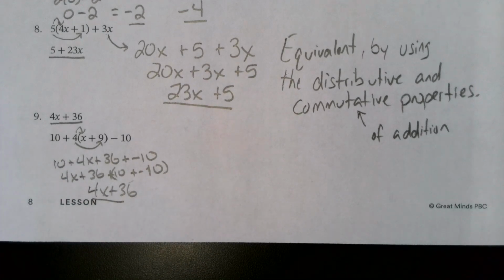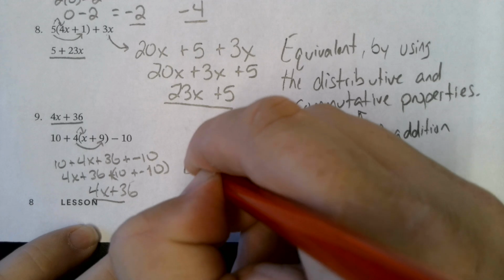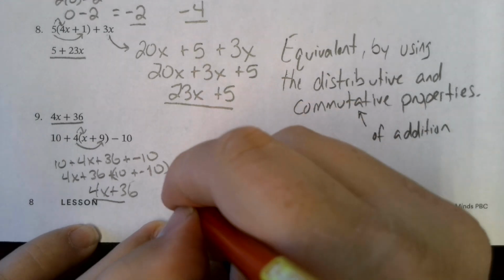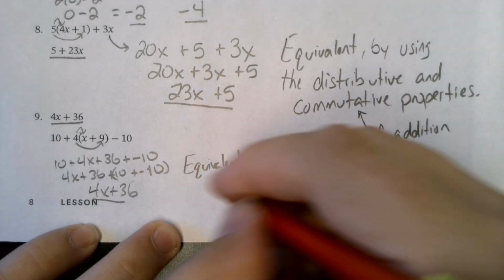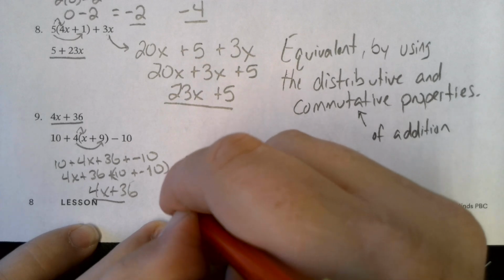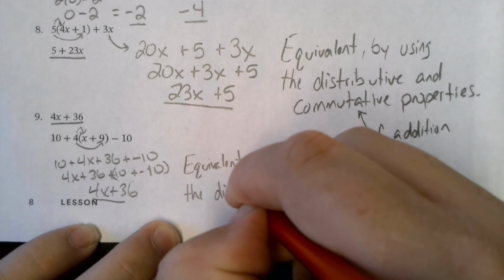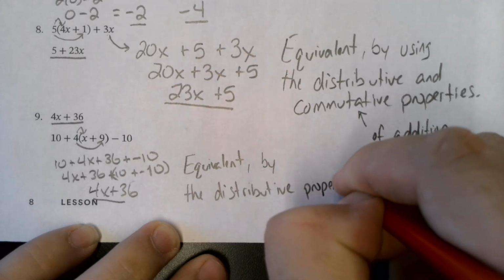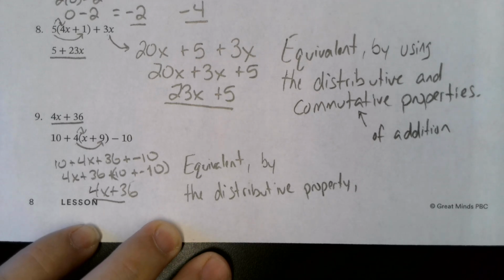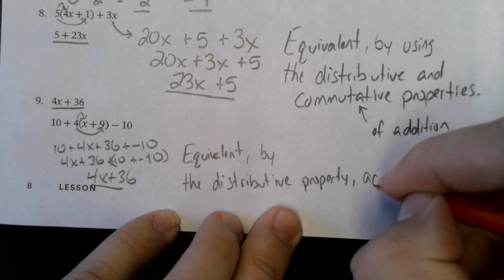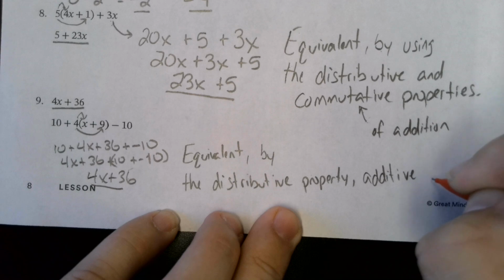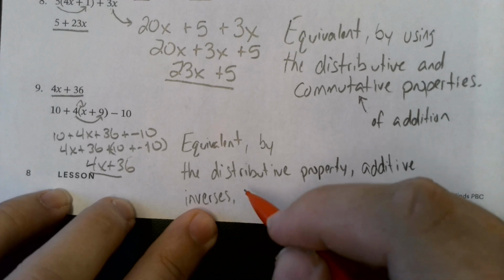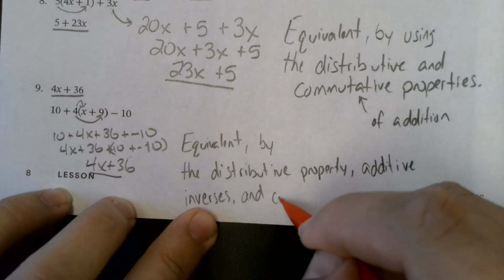So we would say equivalent. And we used the distributive property, additive inverses, and the commutative property of addition.